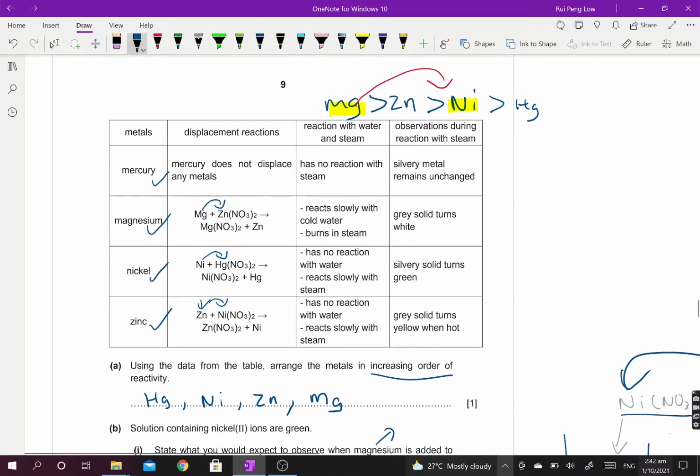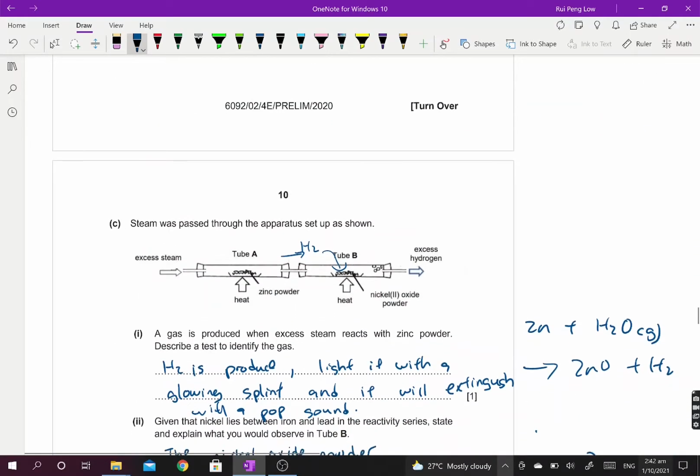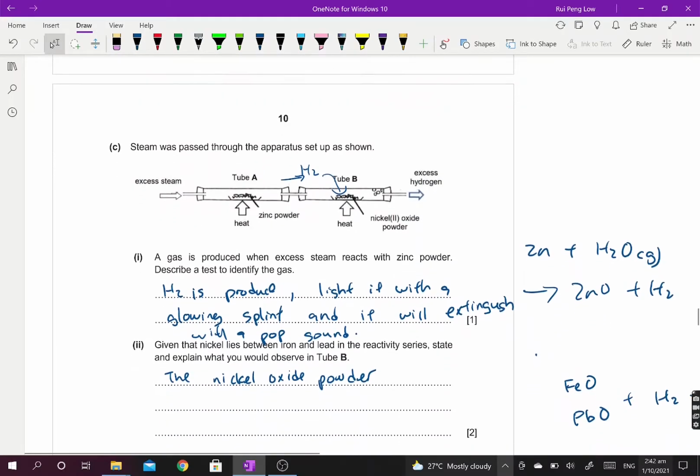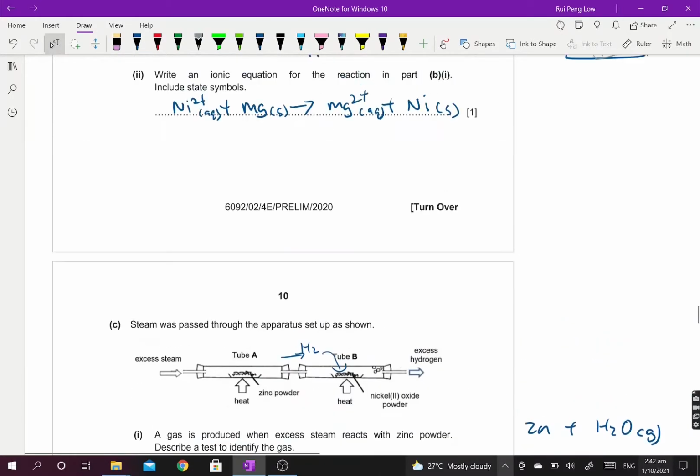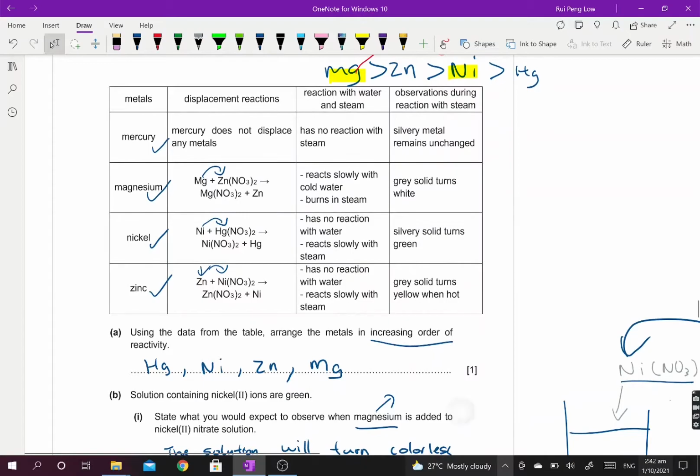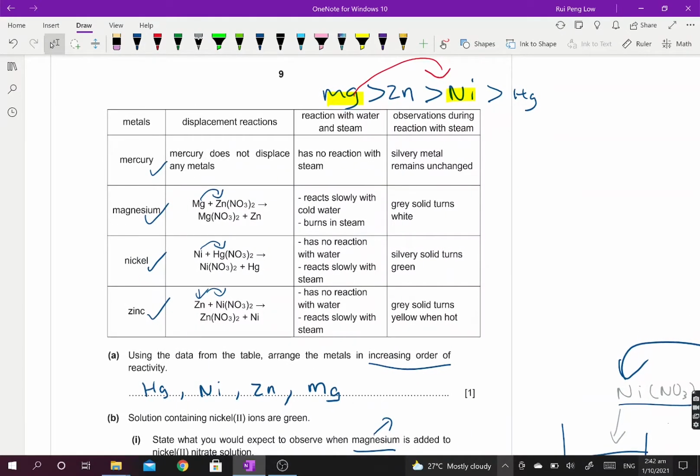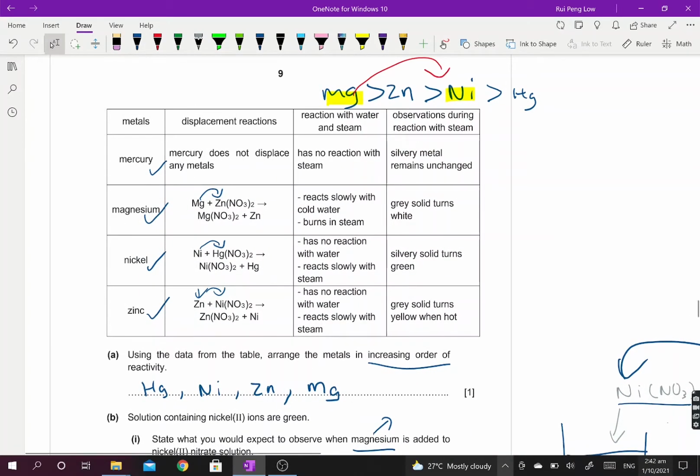Let me see if they mention the color of the nickel powder. Nickel powder is green, because when nickel reacts with steam, it gives you a silvery solid and it turns green, so that means nickel oxide is green.